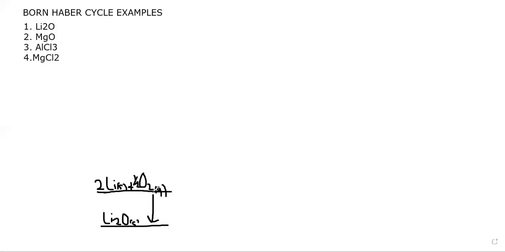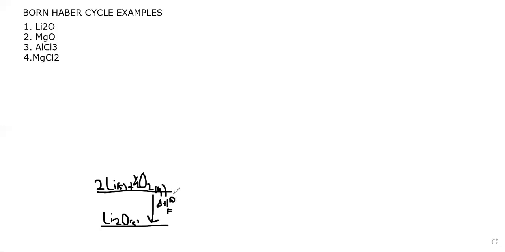So this is what we are starting off with: 2 atoms of lithium plus half O2 to give Li2O. As you should know, this is the standard enthalpy of formation.